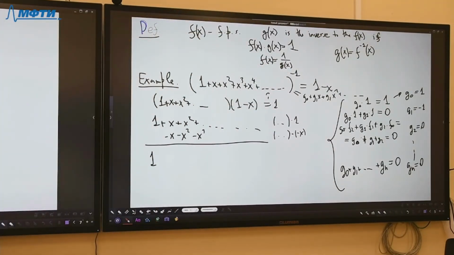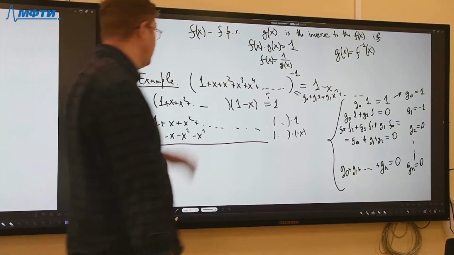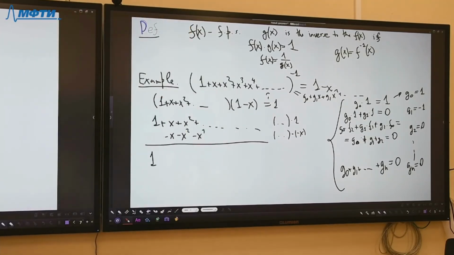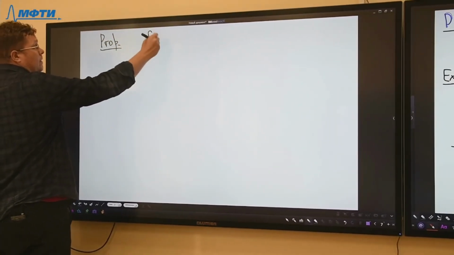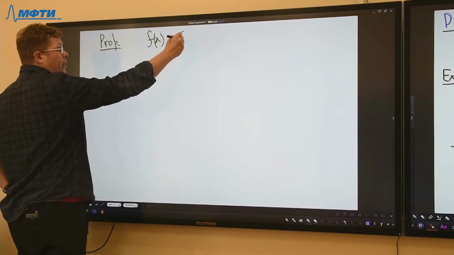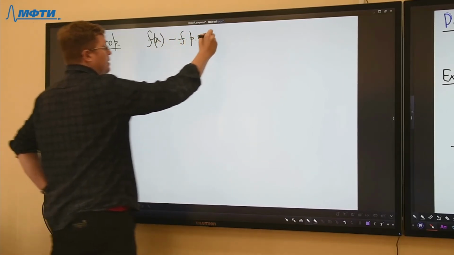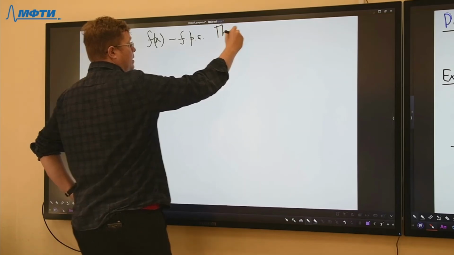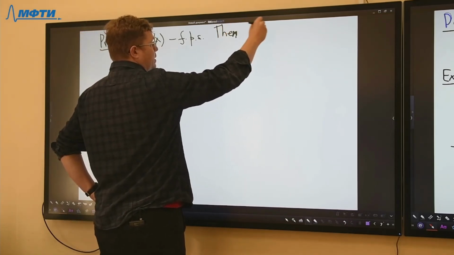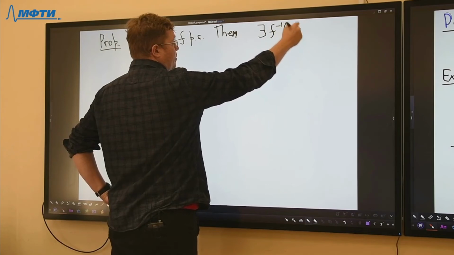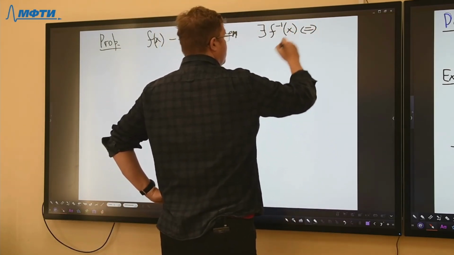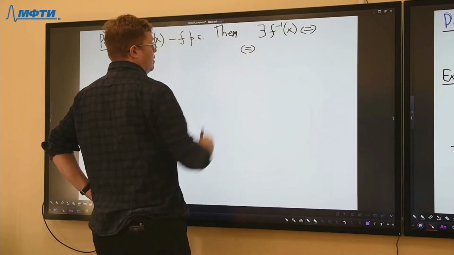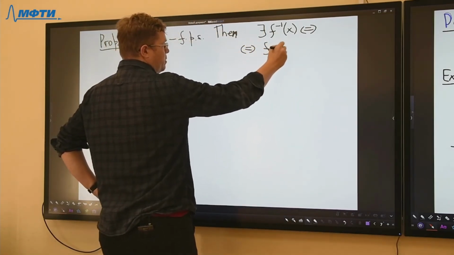Okay, what are the necessary conditions for a formal power series to be invertible? If you have a formal power series f, then f minus 1 of x exists if and only if f0 is not equal to 0.